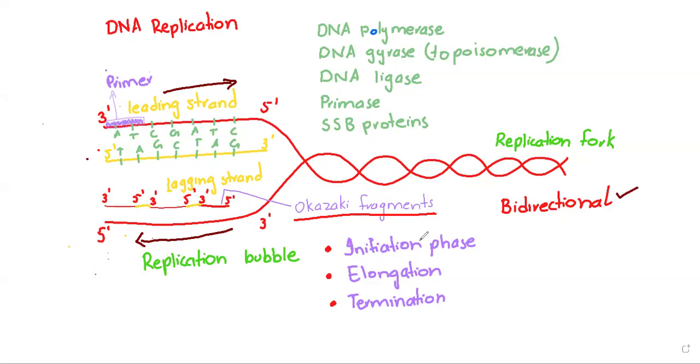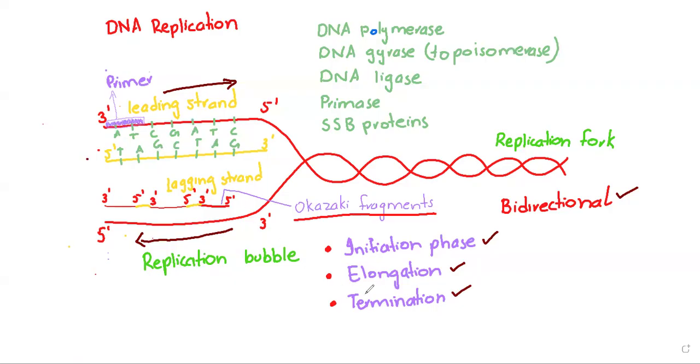It has different phases: initiation phase, elongation phase, and termination phase. In the initiation phase, first the DNA is unwound, like I already explained. Unwinding of DNA is part of the initiation phase, along with primer binding. In the elongation phase, new nucleotides are added, meaning polymerization has started to make a new strand.